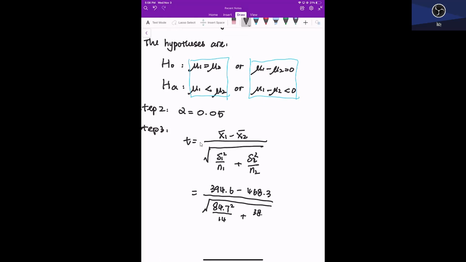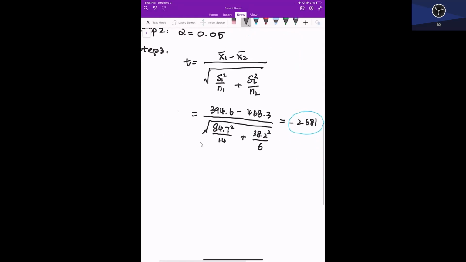If you're used to the calculator and have to round every time, it's fine. Just try to round it one more decimal place than required. So this is what we've got: negative 2.681 is your solution for step 3.